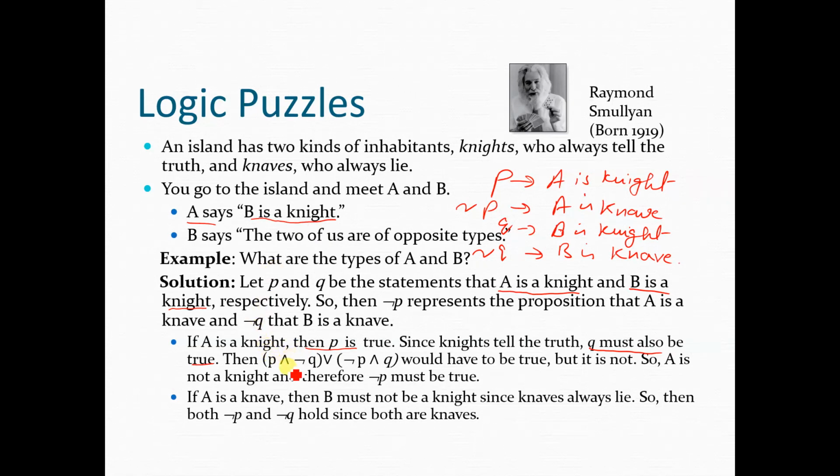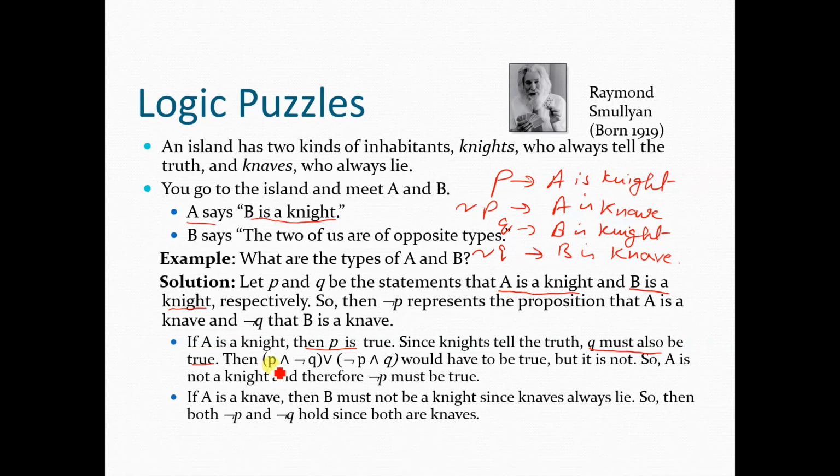Then P and negation Q, or negation P and Q would have to be true. But both are knights. How can P and negation Q be true?